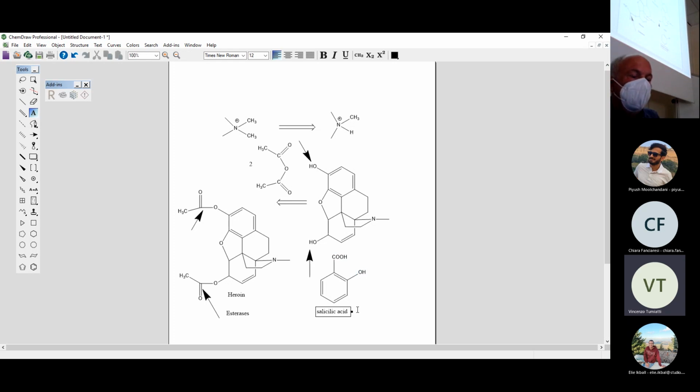It's too hydrophilic. At that time, the same company transformed salicylic acid into an ester called acetylsalicylic acid. The commercial name is aspirin. Do you know aspirin?